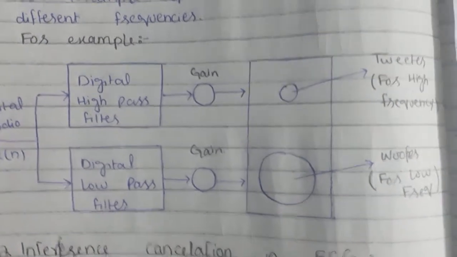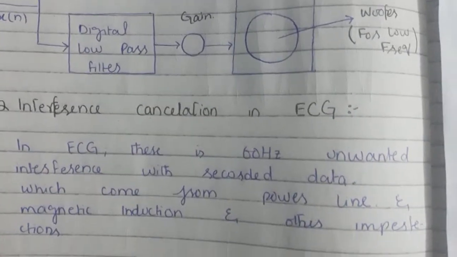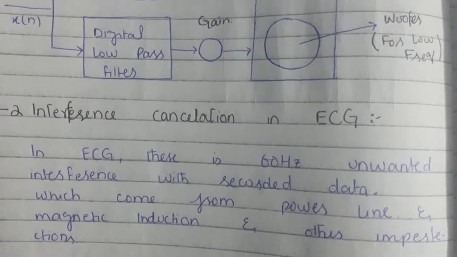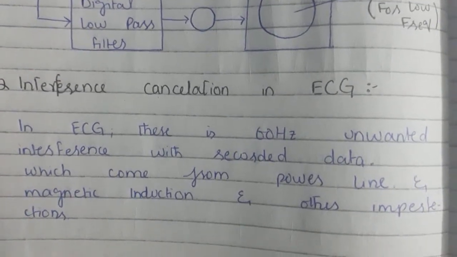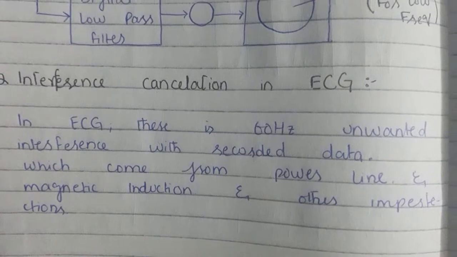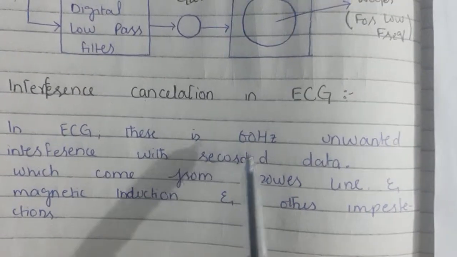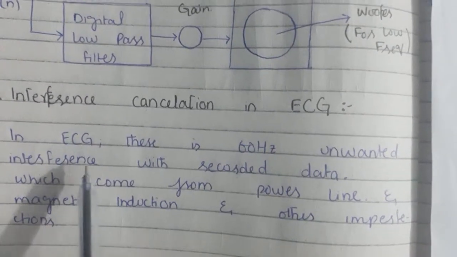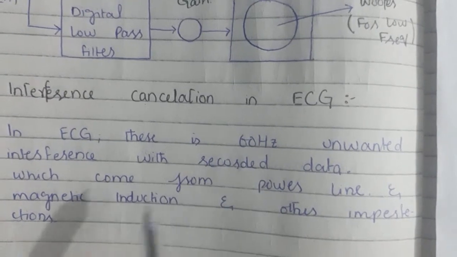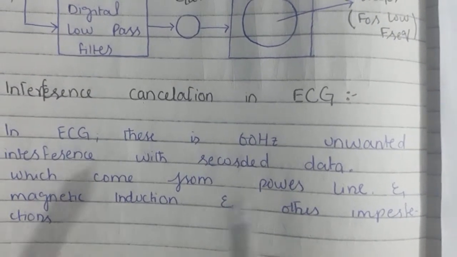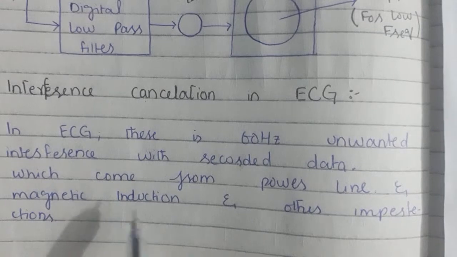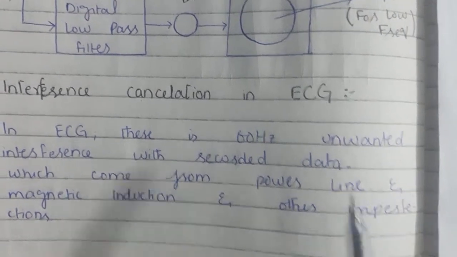Our next application is interference cancellation in ECG. When we take an ECG, or electrocardiography, of a patient, we see a 60 Hz unwanted interference with the recorded actual data. Basically, it comes from power lines, magnetic induction, and other imperfections.